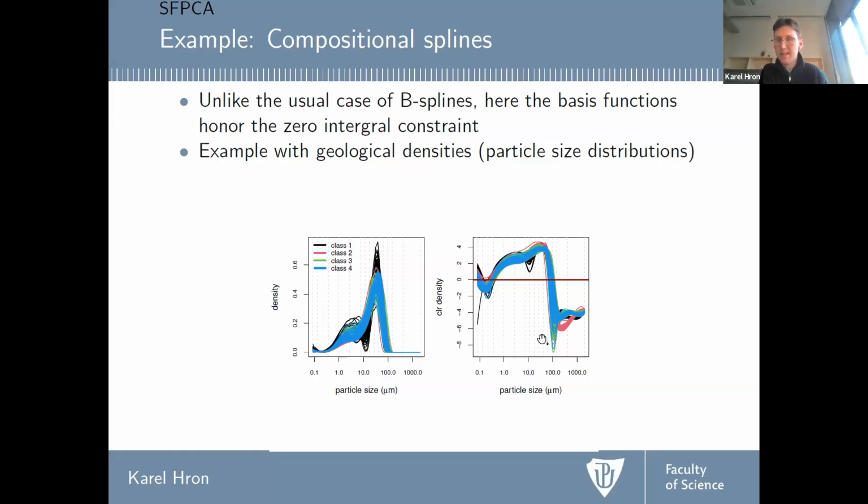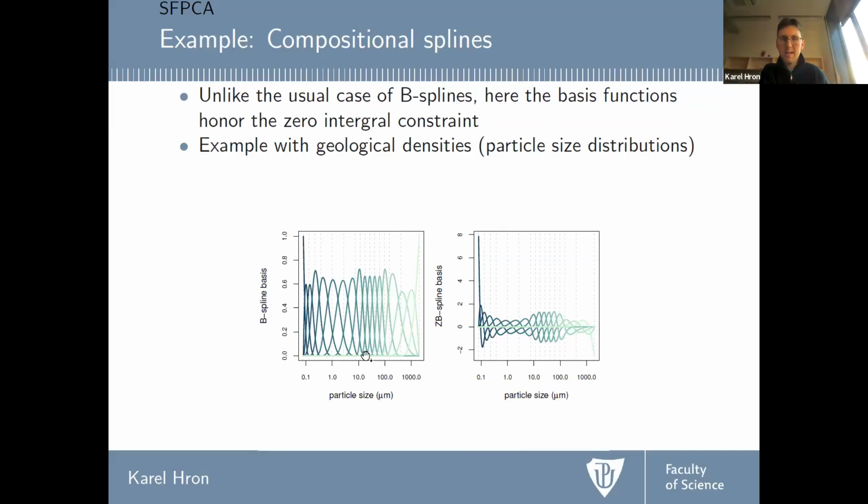Now we can clearly see there's quite a lot of variability in both these tails, which would be completely ignored if we would analyze densities directly in the original space by ignoring Bayes spaces.